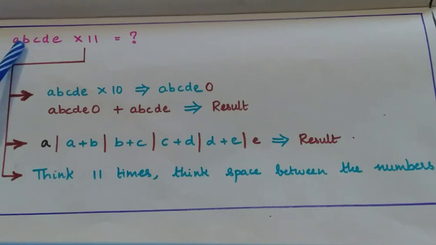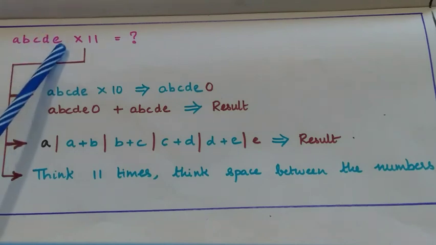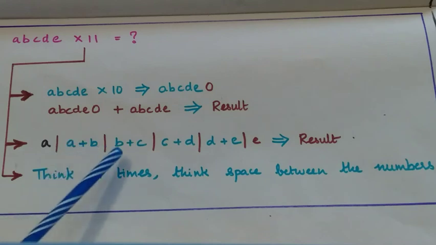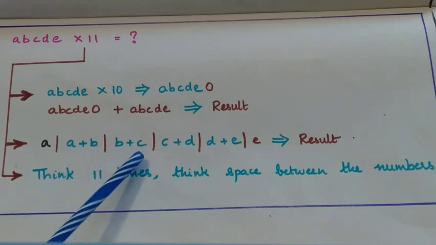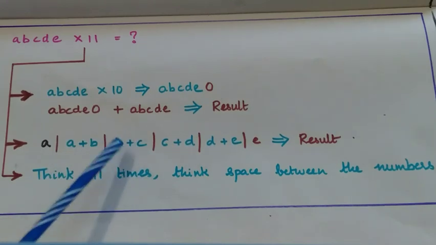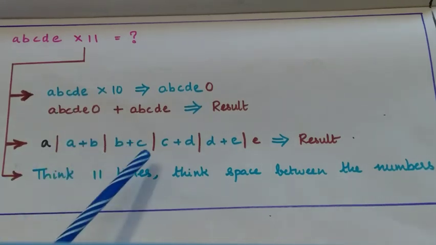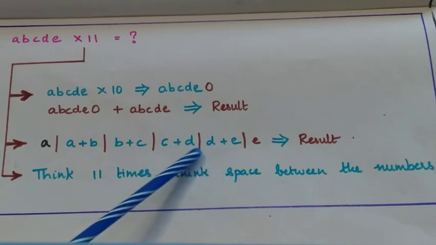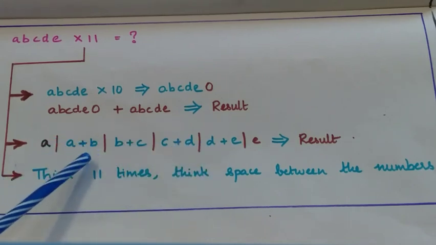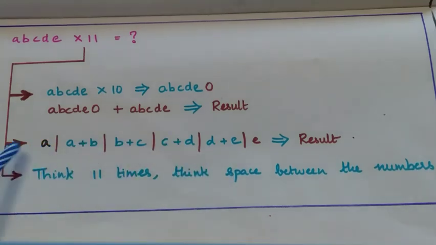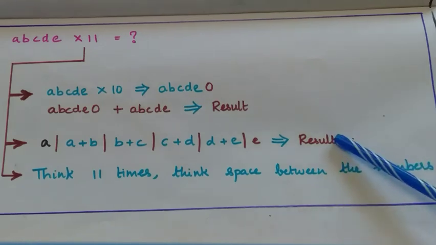So you need to add A plus B and then B plus C, then C plus D and D plus E. And once you obtain the sum, if it is a 2-digit number, then you have to keep only the ones digit and add the tens digit to the number before. Similarly, you need to do this for all the sums obtained, and once you get single digits finally, then you can club them with the first and the last number to obtain the final result.